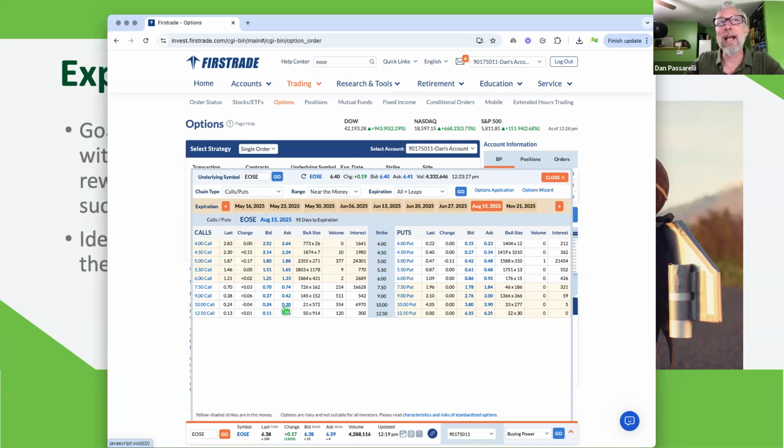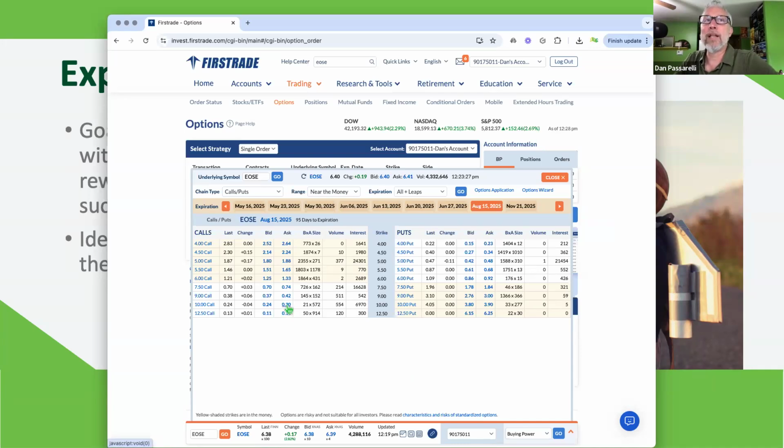I'd risk so much less, but if I'm going to hold it for that long, I would really want it to go above 10. It doesn't always have to make money, but if I'm holding it for a long time and suffering all that time decay, it's kind of got to go above 10. So my chances of that working are so much less.